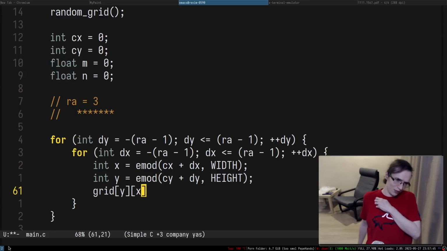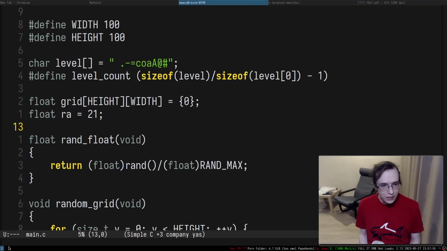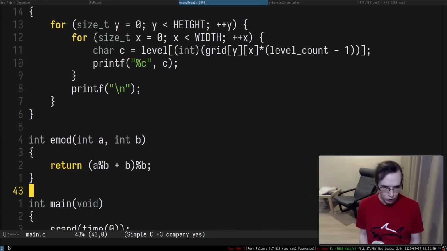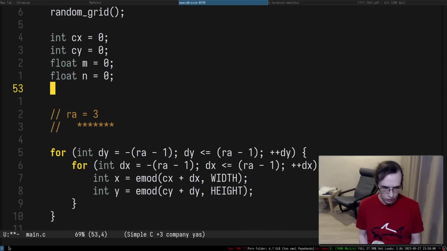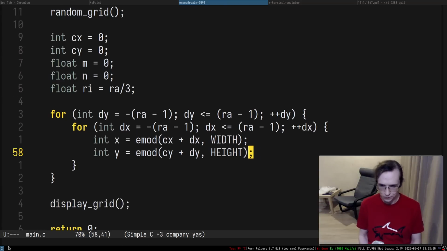So now we need to see whether this entire thing is within the inner or outer circle, right? How can we even do that? We have an outer circle, so the inner circle is going to be ra divided by 3, right? So that's basically the inner circle.